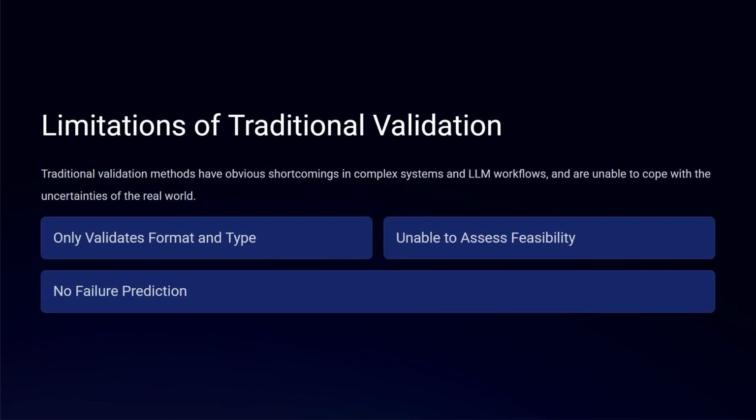First, let's talk about the limitations of the traditional validation. In the Saga large language model, we only check whether the large language model gave us the correct format and type of answers, and it cannot give us a method to test the feasibility of the result.